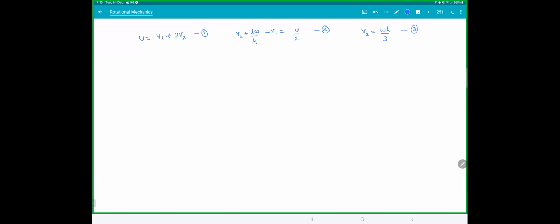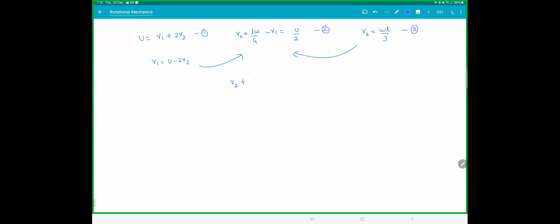Perfect. So let's get V1 from here, which is u minus 2V2. Let's put it in this, and put V2 in this. So eliminate everything. Actually, I can keep everything in terms of V2 only.